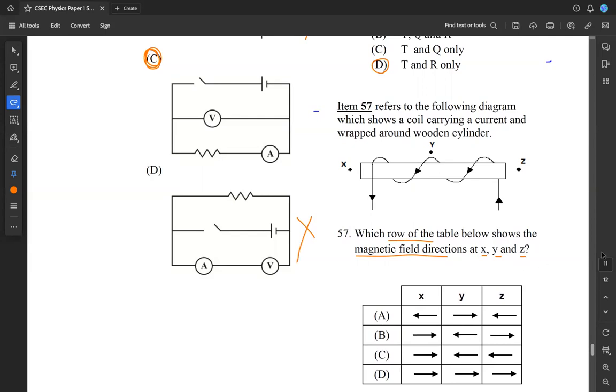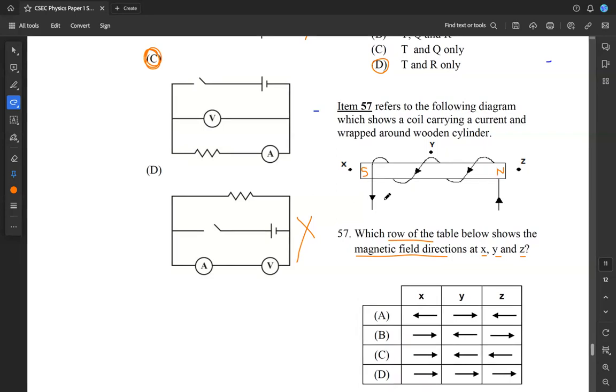So again, we're gonna take our fingers and curl them over that coil, come forward to ourselves and then point our thumb towards the right. And then the tip of that thumb will be our North Pole. So our North Pole will be here and our South Pole will be here, right?